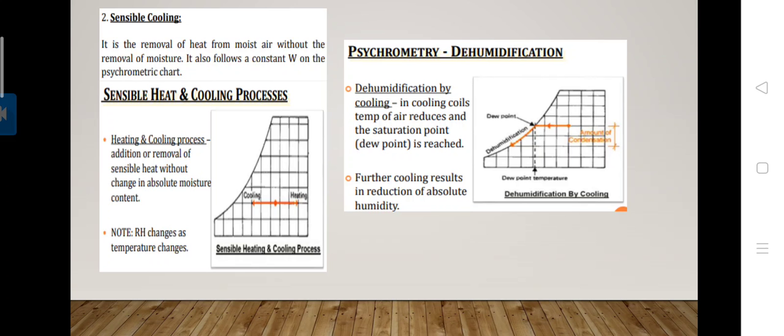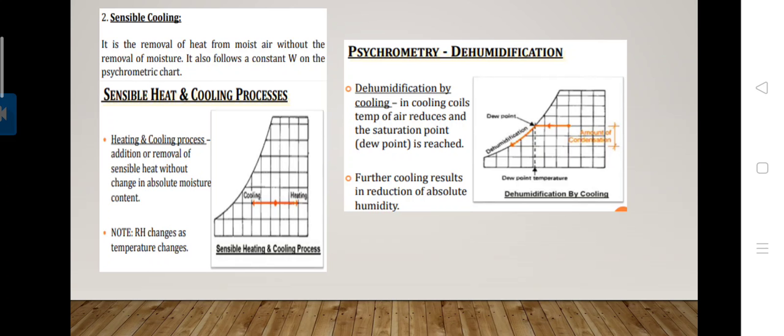Before that, first we need to know what the bypass factor is. When a stream of air passes over the coil, some part of it comes in direct contact with the coil surface, while the remaining part bypasses unaffected. The amount of air which bypasses depends upon the velocity of flow, and this bypass process is measured in terms of the bypass factor.